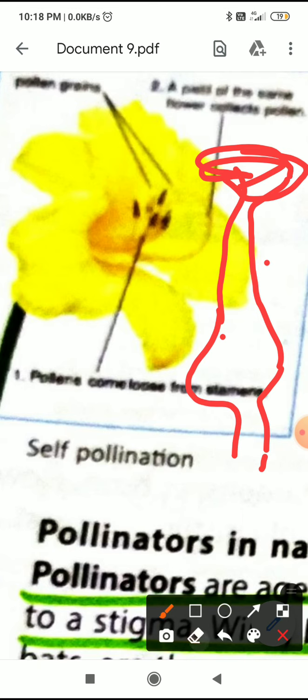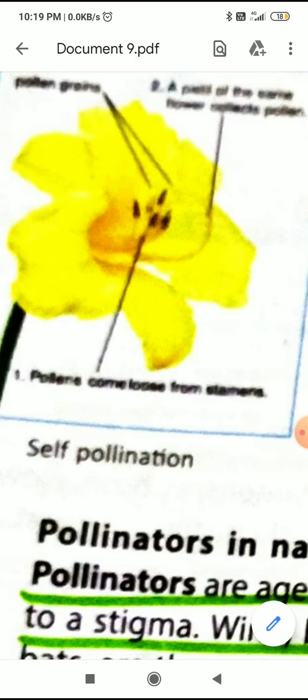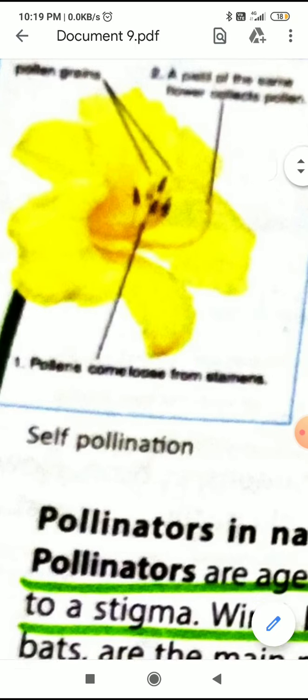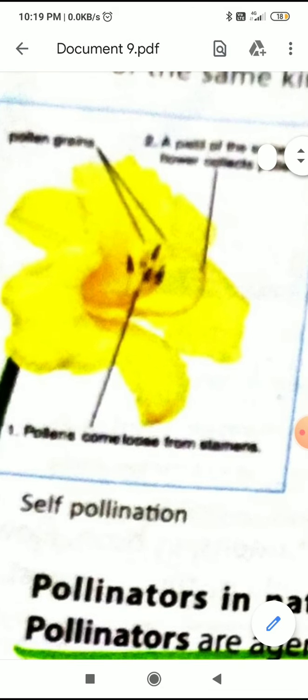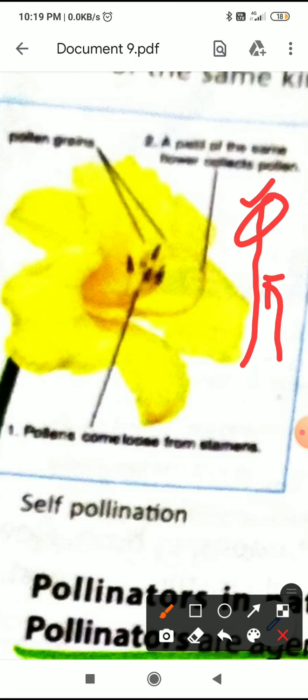Now after that you will see here the male part of the flower. So what is the male part of the flower? That is stamen. And in this stamen you will find there are two parts: this one is anther and this thread-like part is filament.